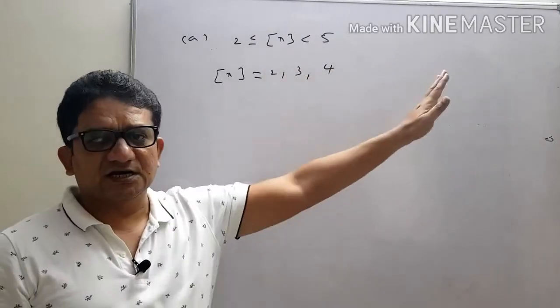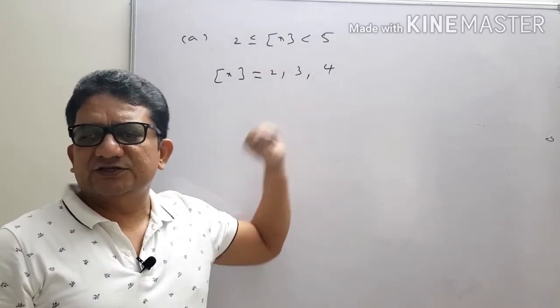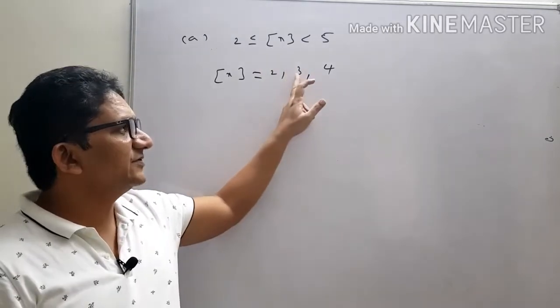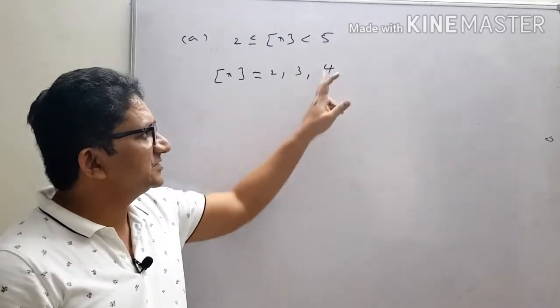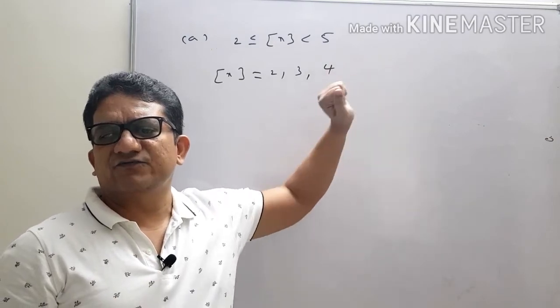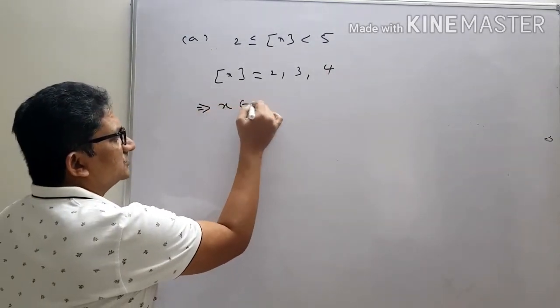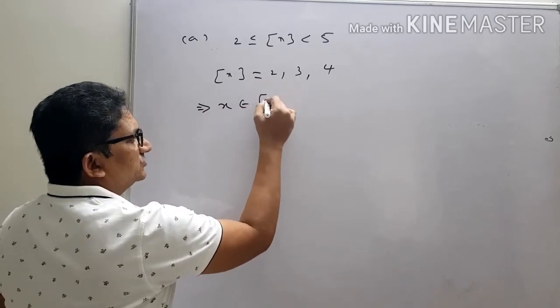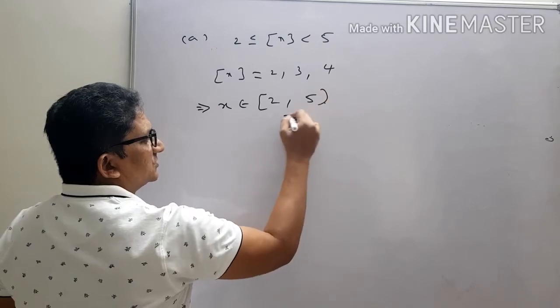If you recall the graph, step x is 2 between 2 and 3, step x is 3 between 3 and 4, and step x is 4 between 4 and 5. So from this we can write x belongs to, first value 2, 2 is also included, up to 5. So this is your solution.